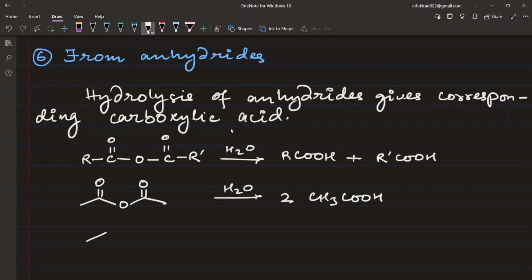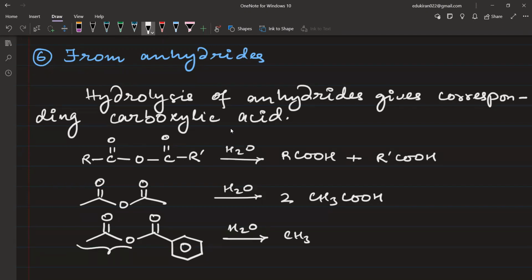But for example, if I have a different R on both the sides, oxygen, oxygen, and here I have a benzene ring. So here we have CH3 and here we have the phenyl group. Now, same thing happens, but you just need to keep in mind what carboxylic acids are going to form. So from here, you are going to make CH3COOH. And from this side, you are going to make the benzene ring and then the COOH.